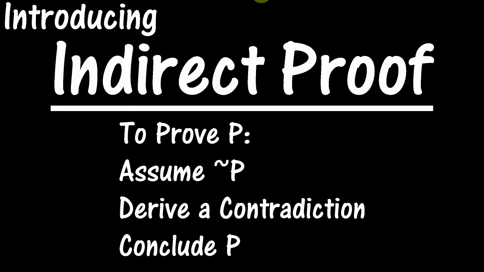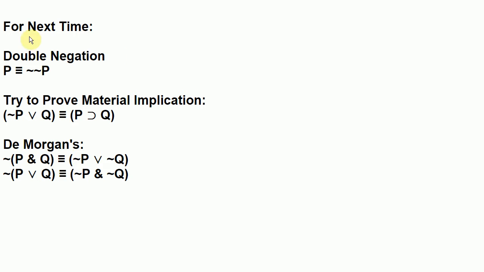That's how that works. So getting back to these three rules, one of these rules can be proven using the equipment we currently have, which is the rules of replacement, the rules of inference, and conditional proof. And the other two, as far as I can tell, cannot be proven unless we bring in the rule of indirect proof. So take a look at these three rules of replacement.